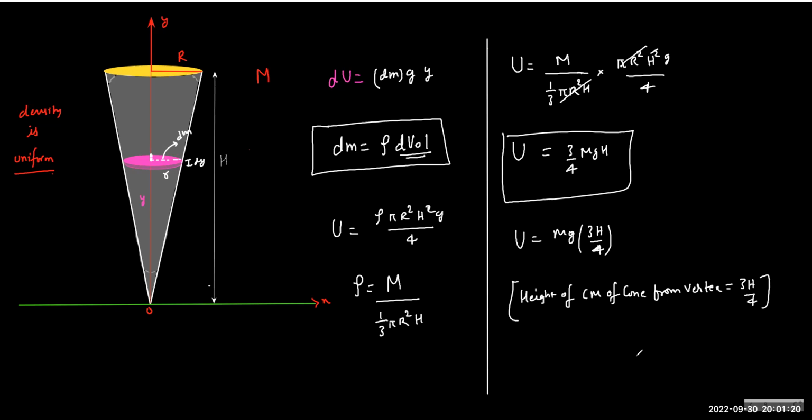Let's do it step by step. The first step is you simply write the volume part. Just forget about everything else. Can you guys write the d volume separately? Tell me.